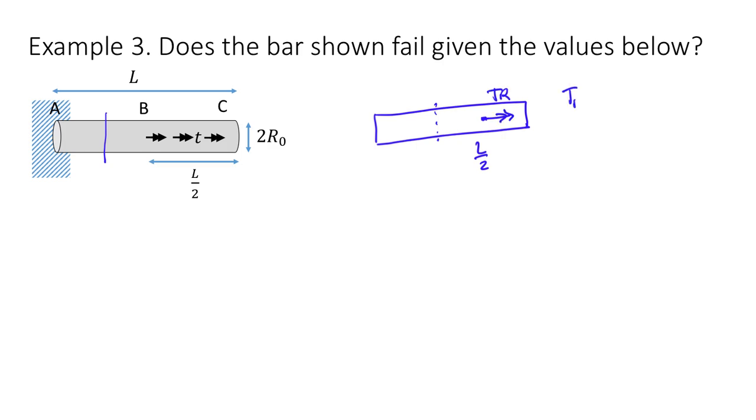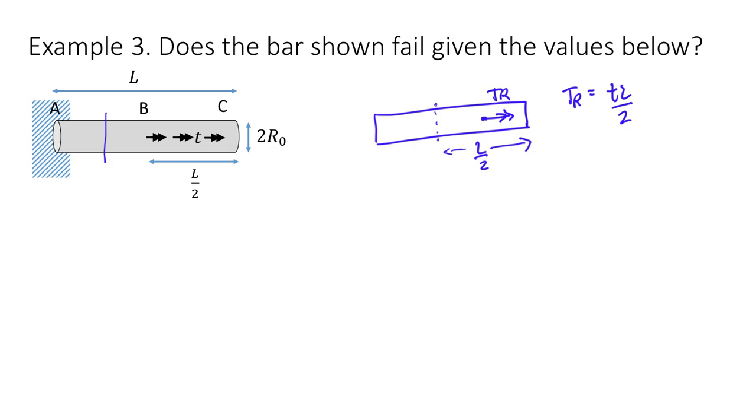And TR is going to equal the integral of t, and t is a constant distributed torque, so the integral of that over the length, and that segment has length L over 2, so I just multiply by L over 2, because for a constant load, integration is just multiplication by length. So there's my resultant torque.